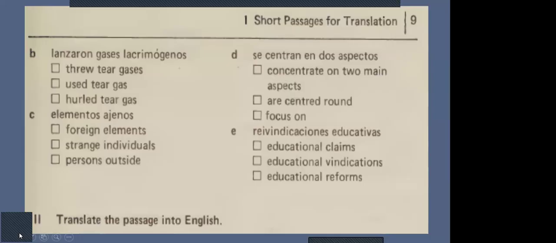Why is that? Because vindications probably is too much, and then reforms probably is something that has to go on paper, not necessarily benefits.